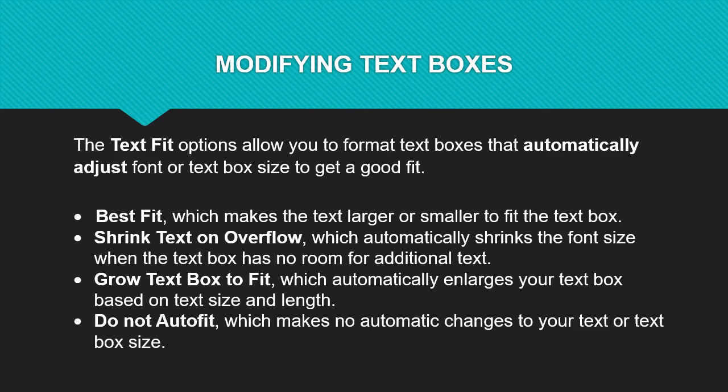Shrink text on overflow automatically shrinks the font size when the text box has no room for additional text. Grow text box to fit will automatically enlarge your text box based on text size and length. And then the do not autofit means there will be no automatic changes to your text or text box size.